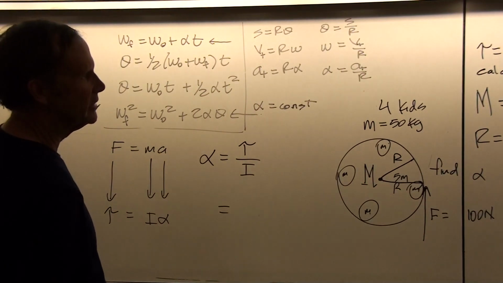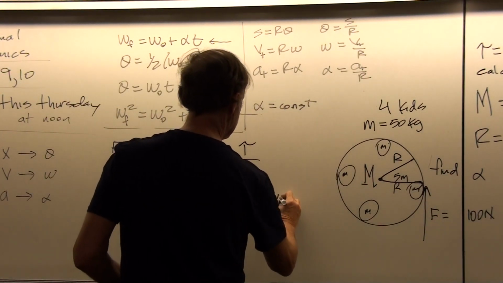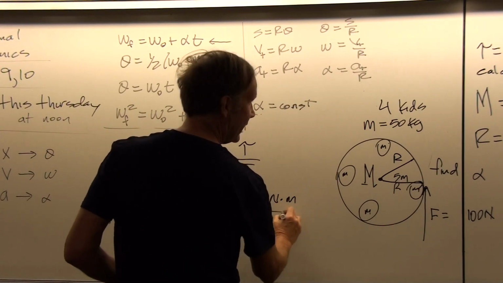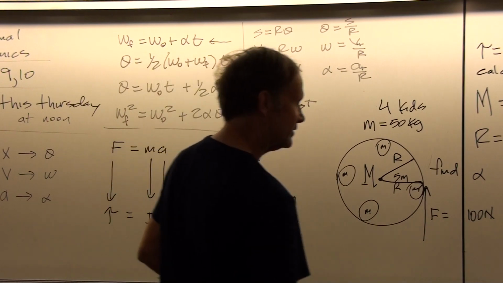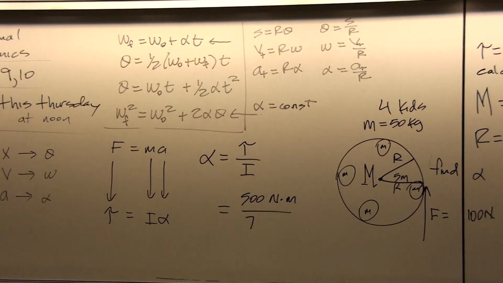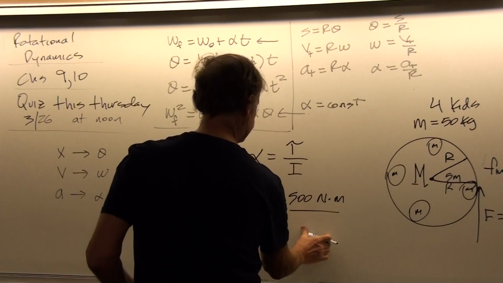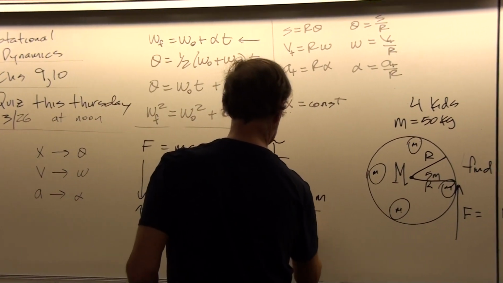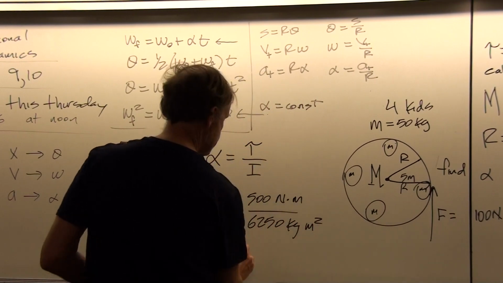And so that would be equal to 500 newton meters divided by 6250 kilogram meters squared.